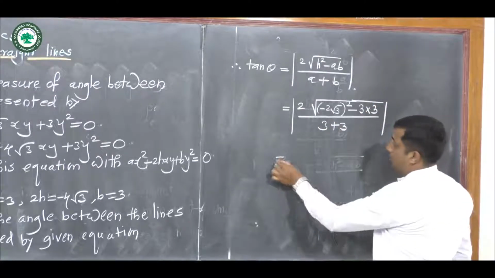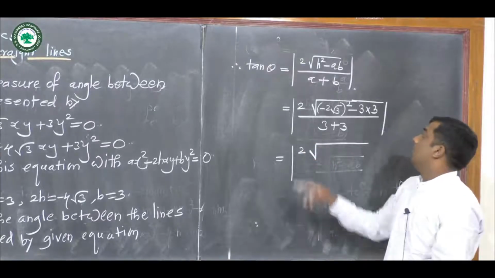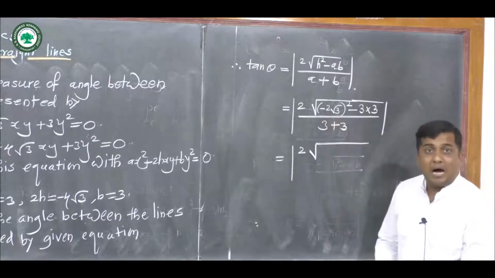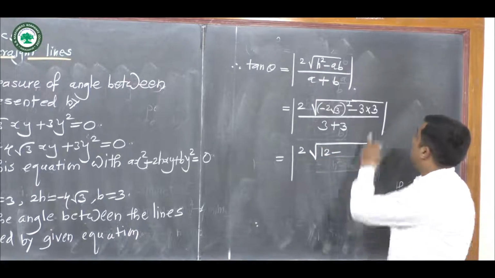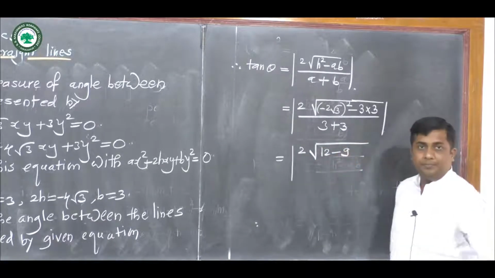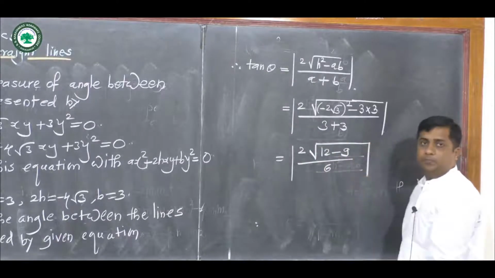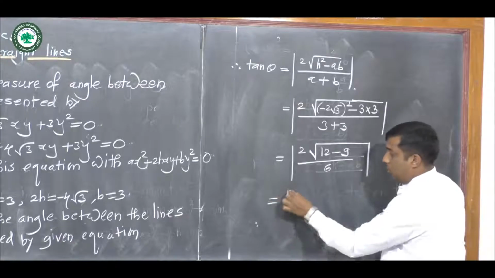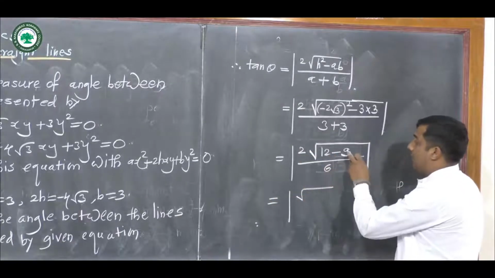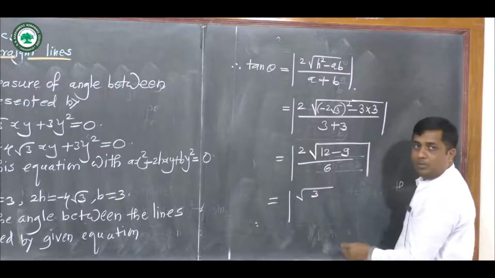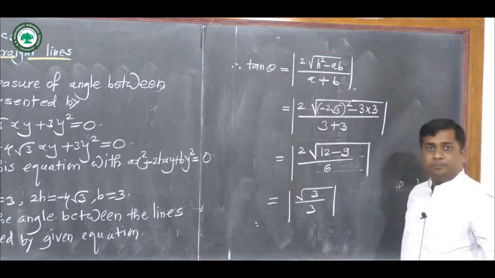Now this is equal to, inside the mod, 2 into square root of, minus 2 root 3 square is 12, minus 3 into 3 is 9, divided by 3 plus 3 is 6. Now 12 minus 9 is 3 inside the root. Two 3s are 6, so we have 3 only.